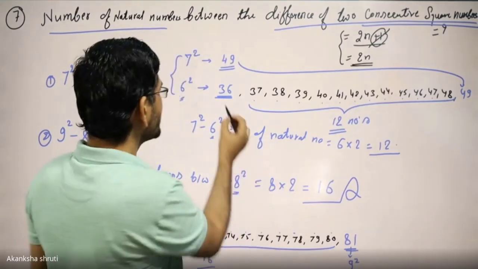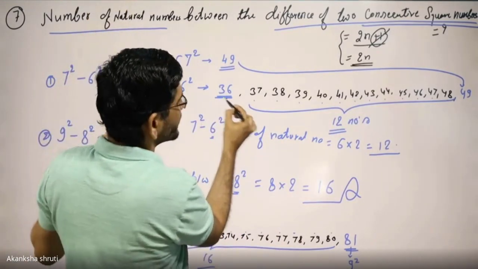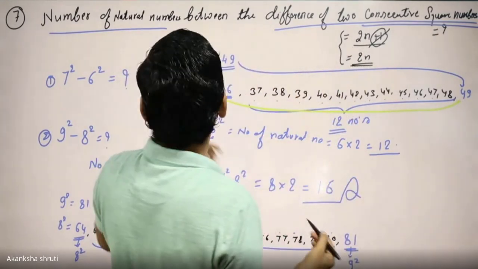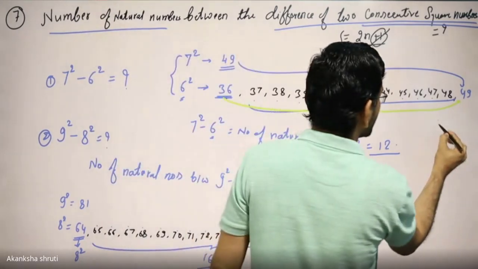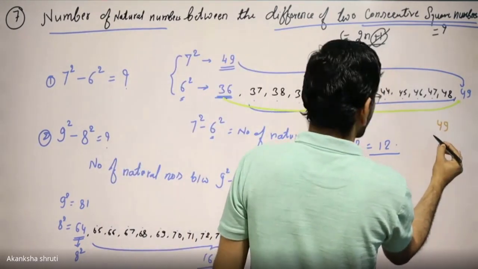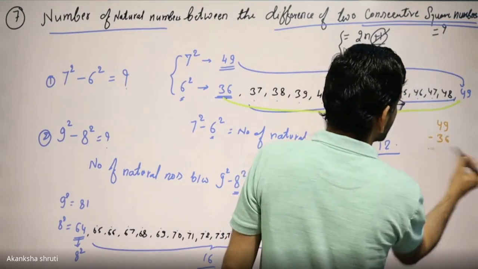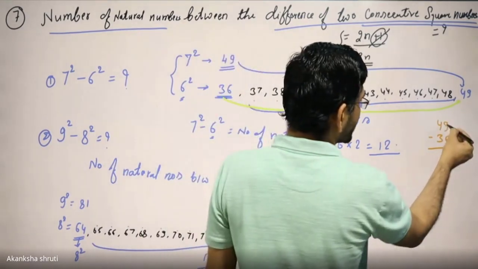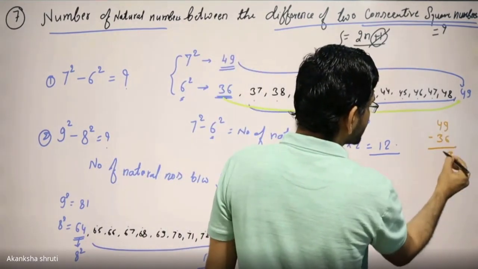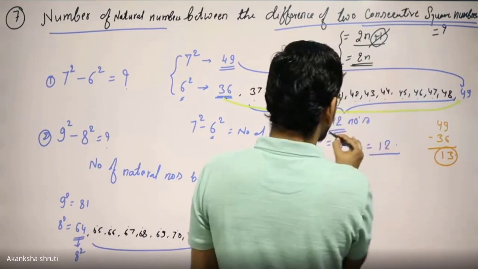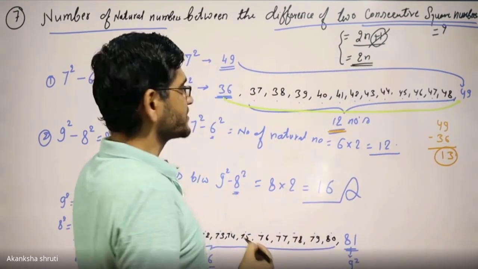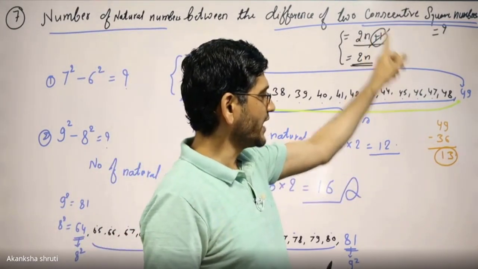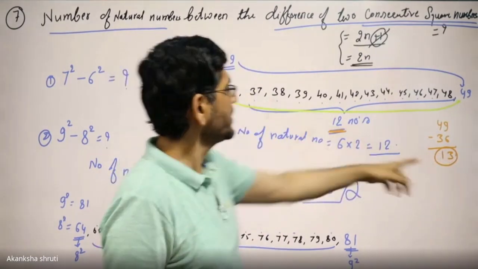If we want to reach from 36 to 49, and we take the difference 49 minus 36, how much do we get? Students, taking the difference, we get 13. It is not 12. If we just take the difference, then it will be 2n plus 1, the smaller number twice plus 1.